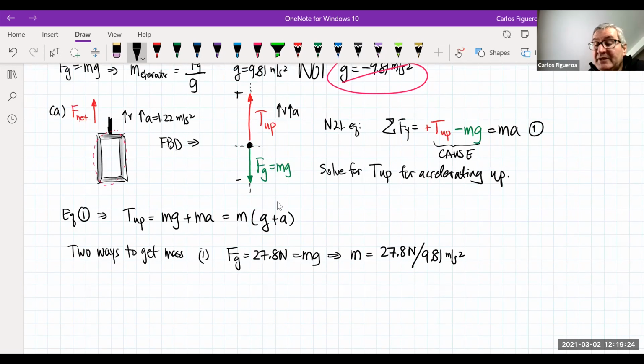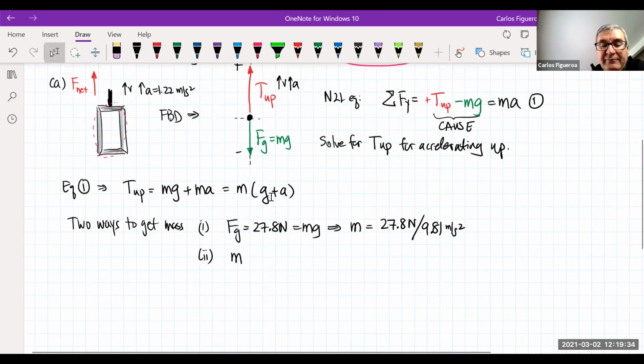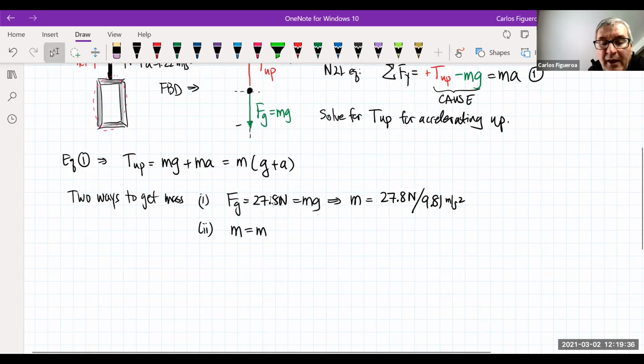I actually did not do it this way. What I did is I note that, look, I have mass, and mass is mass no matter what. But what happens if I multiply and divide by g? I haven't done anything.